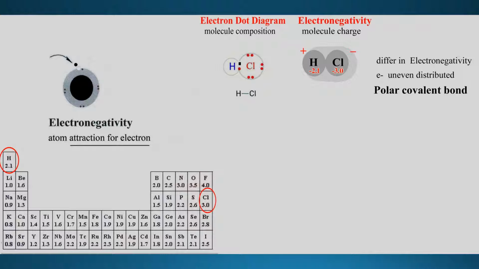And this is going to form a polar covalent bond. That means they have a covalent bond, but they have positive and negative charge.